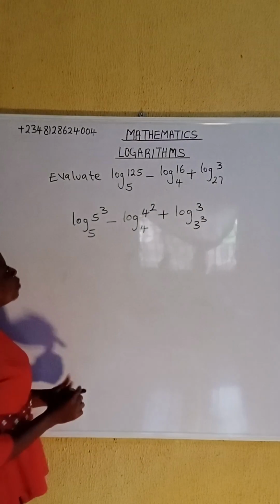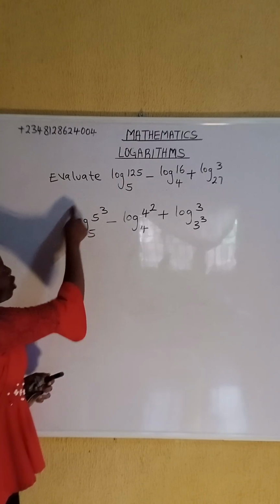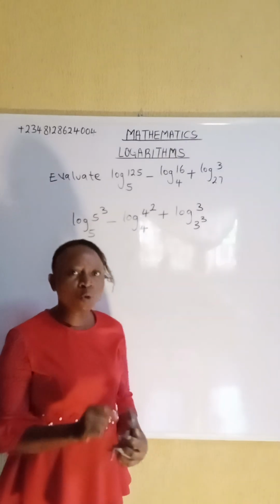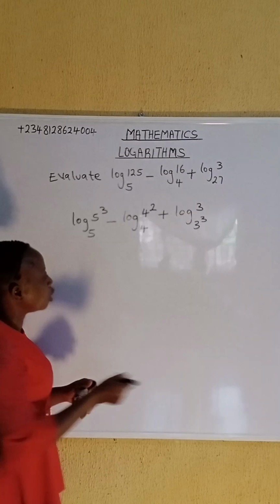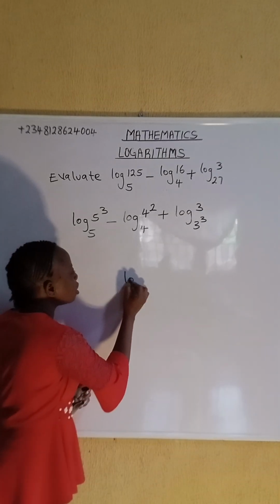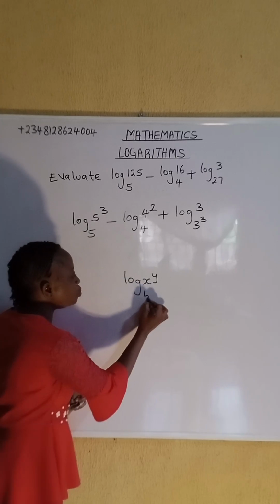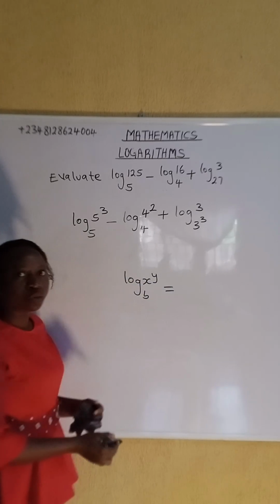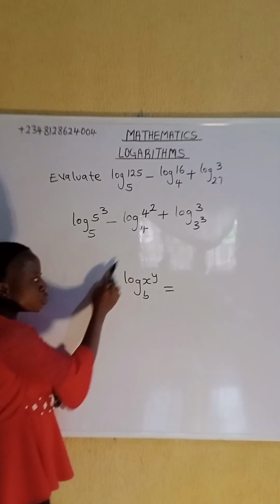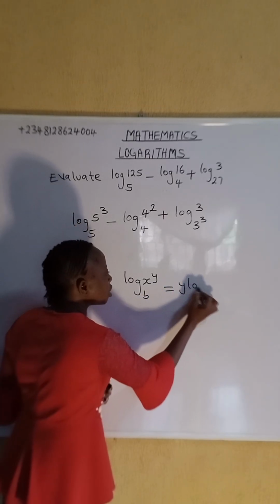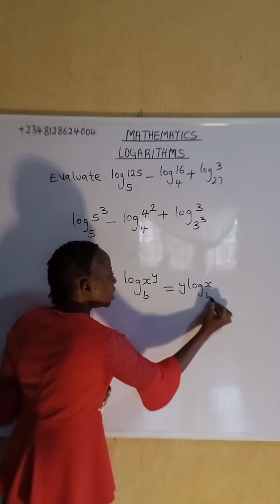Now let's simplify further. Here we are going to apply what we call the power law. The power law states that log x raised to power y base b equal to y log x base b.